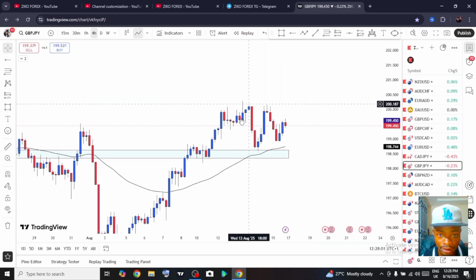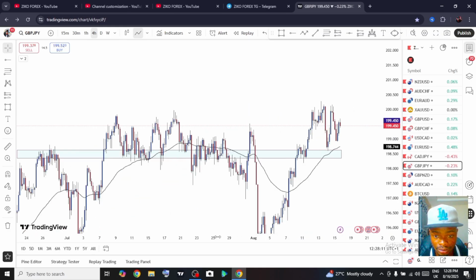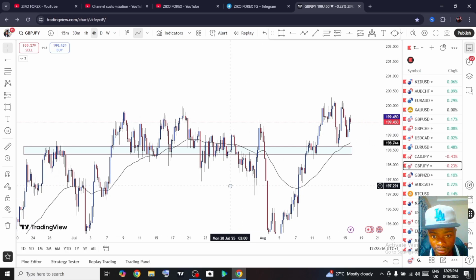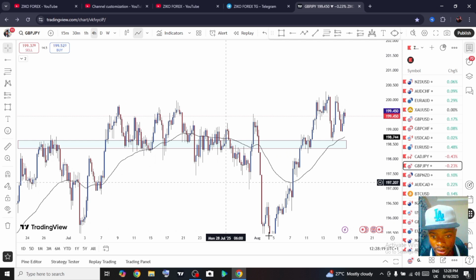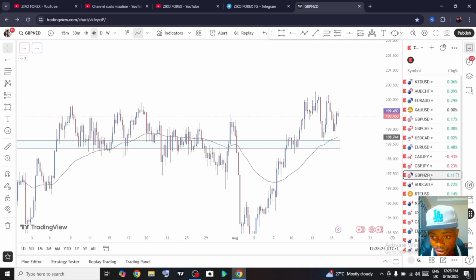This was the higher high, higher low, broke below, price hasn't still closed above this area. So if you want to buy, I think the pair is actually looking good for buys, but can't really see how to enter this market. Let's just see other pairs.